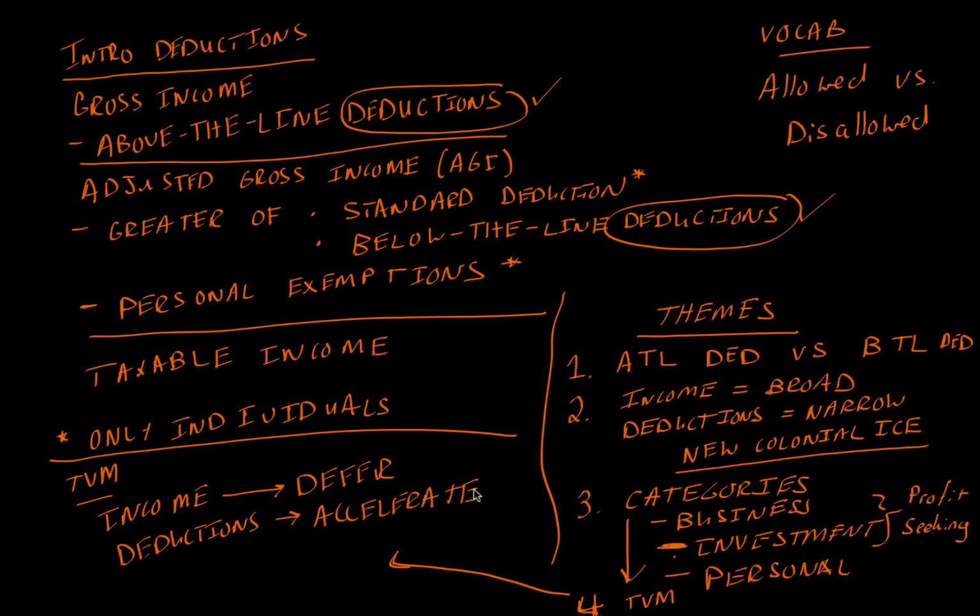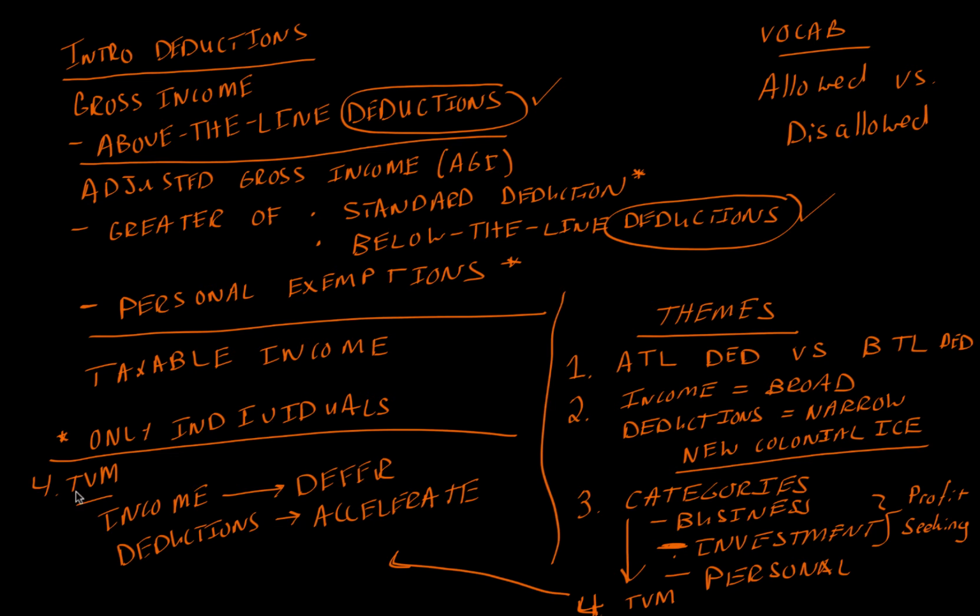So if you can deduct that money today and get that money back, it's going to be worth more than $1 that you could get in the future. Because if you're dealing with things like depreciation and recovery of capital, recovery of basis, then getting that amount today is better. It's saving you money today. You can invest, and that's the time value of money concept. So that is the fourth theme I want to mention.